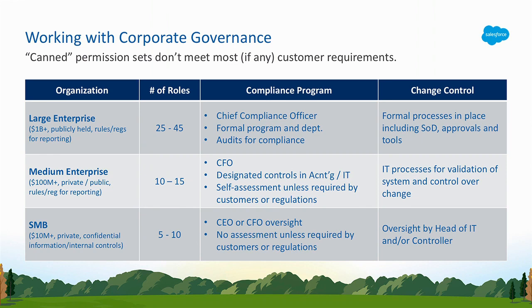But still, they don't want to spend a lot of time and energy setting up all the permissions and profiles and all the things that go along with that. They want something that's easy to understand, visible, and easy to explain to people so they know that people have access to the right information and that information only. Medium-sized enterprise probably falls somewhere in between. The point is that this shows up in multiple settings with multiple people.